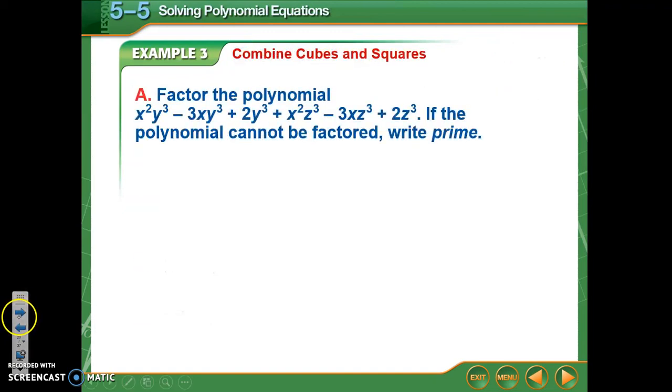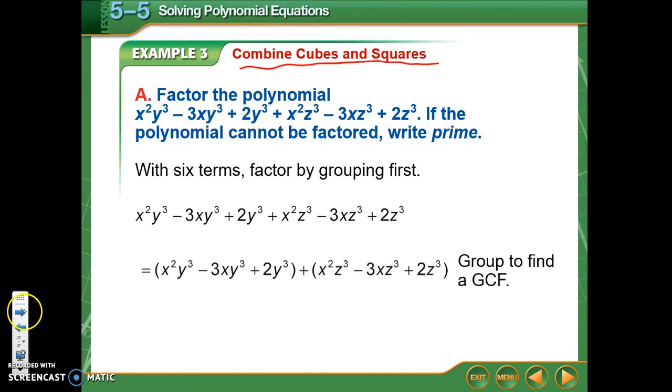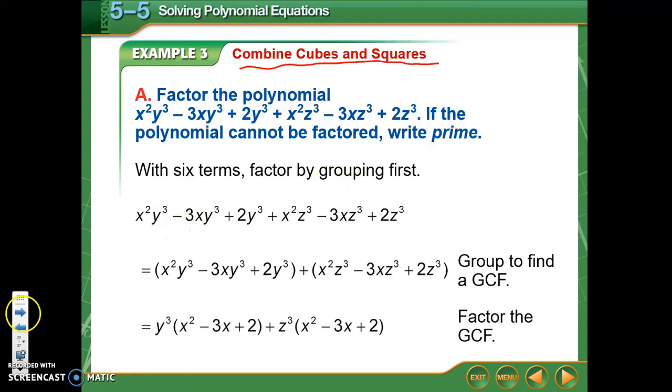All right, let's take a look at this example. We're going to now get into some polynomials that are a little bit longer and more complex. Notice here they're saying we're combining cubes and squares, so we're going to have to combine some of our techniques. So here I have 6 terms, so we automatically think about grouping. So we're going to see how we can group. In this case, it looks like there would be a GCF in the first 3 and the last 3 terms.